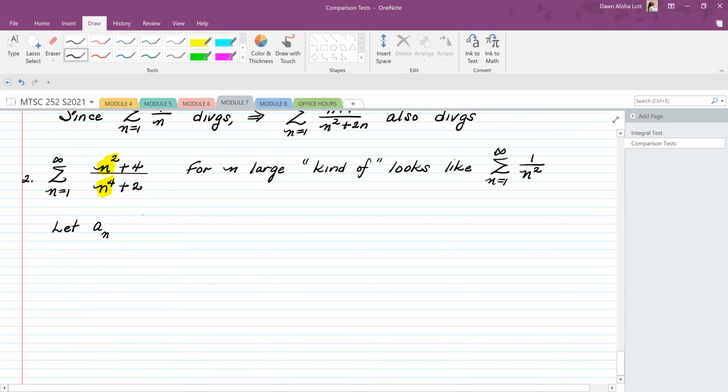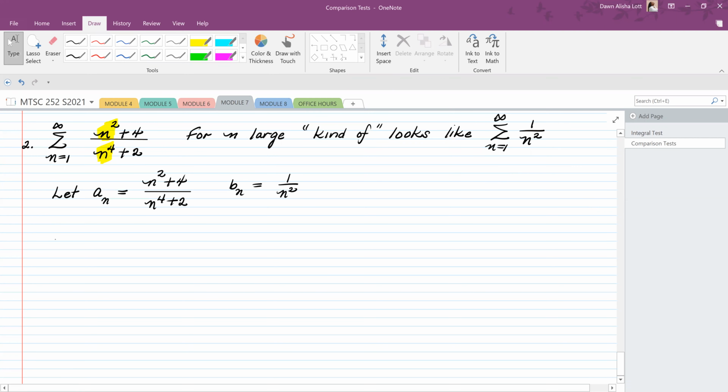So a_n is going to be n squared plus 4 over n to the 4th plus 2, and b_n is 1 over n squared. Okay.